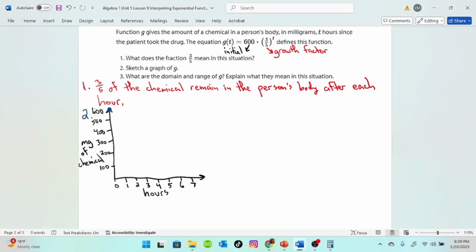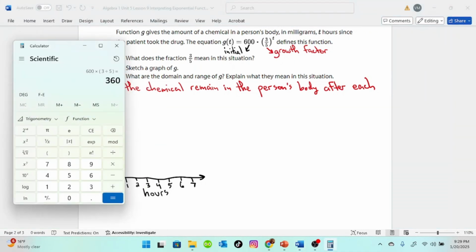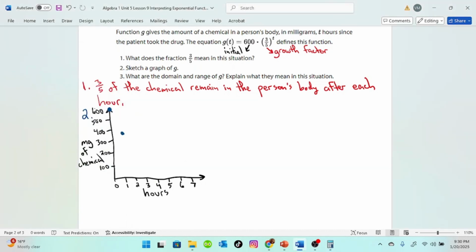So after 1 hour, we're down to 360. Now we take that 360 and we multiply it by 3 over 5, which we said was 0.6, and now we're down to 216.